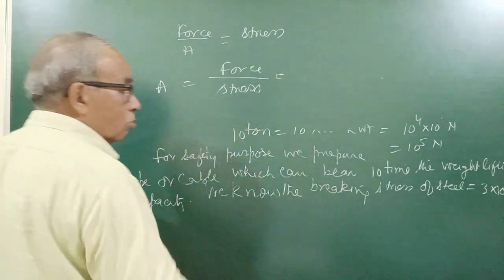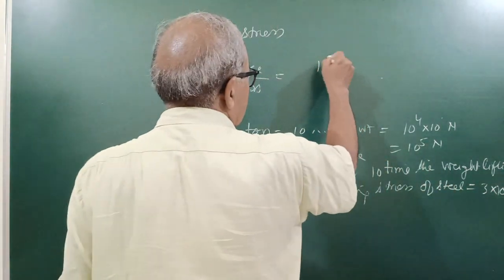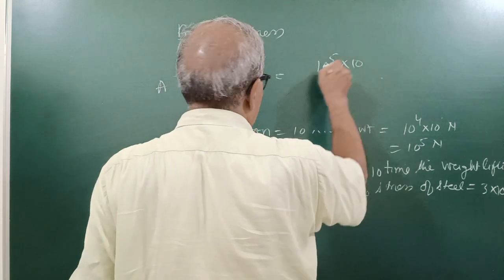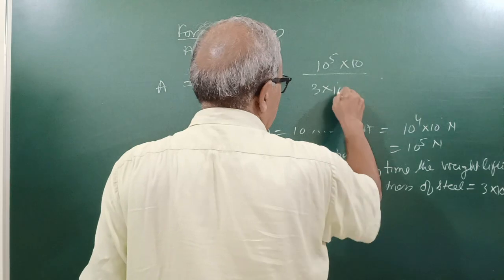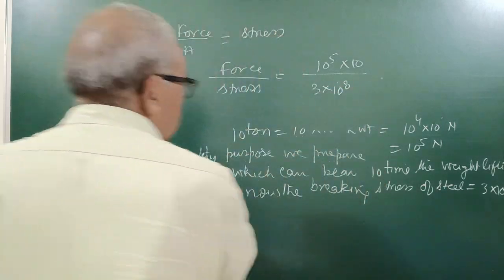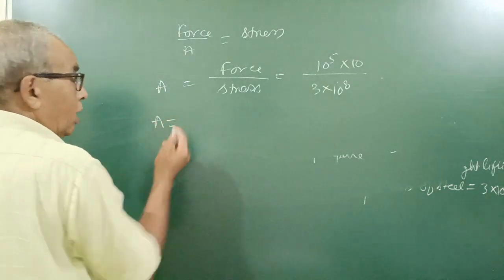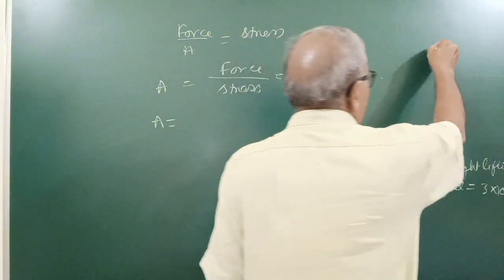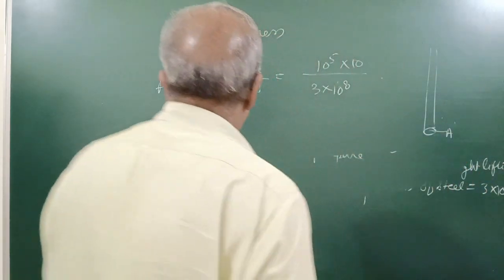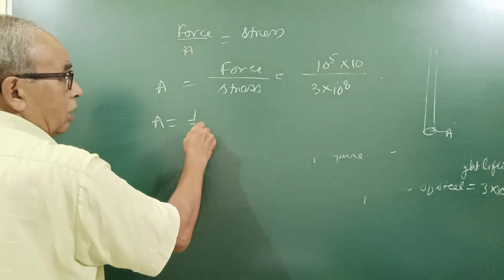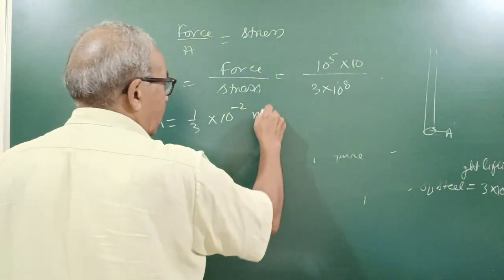The force which it has to bear is 10 times 10 to the power 5, that is 10 to the power 6 Newton, upon the stress, 3 into 10 to the power 8. And it comes out to be the area. This area is the area of the cross-section of the rope. It is 1/3 into 10 to the power minus 2 meter square.